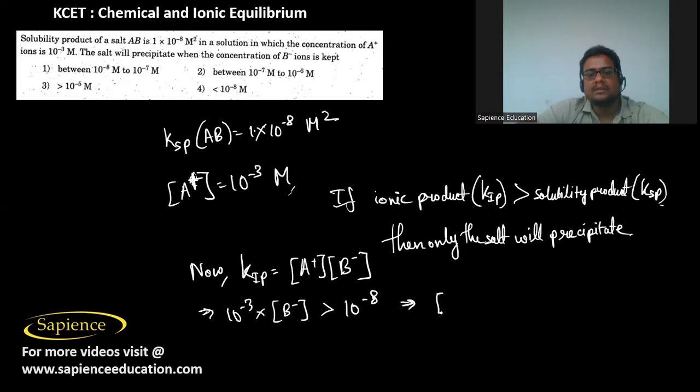So the concentration of B minus should be more than 10 power minus 5 molar. If it is more than 10 power minus 5 molar, then only the salt will precipitate. So option 3 is the correct answer.